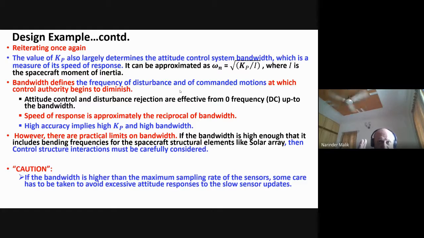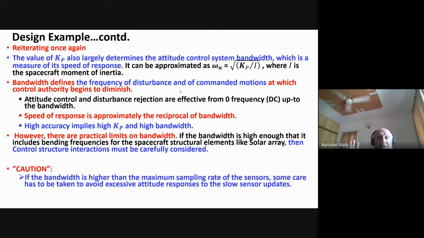If you have a varying attitude motion requirement, a frequency less than omega n in the desired motion is acceptable. More than omega n, the spacecraft will not be following that motion.